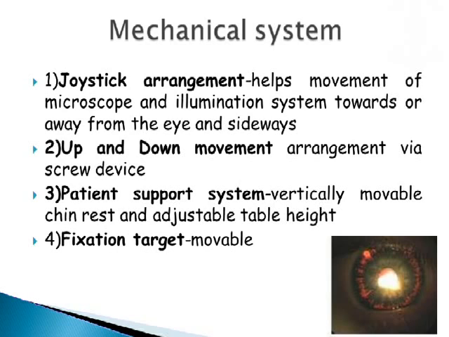Then there is a patient support system with a vertically movable chin rest and an adjustable table height. These are both to adjust the patient level as well as for the examiner to be as ergonomic as possible during slit lamp examination. And finally there is a fixation target, which can be moved in X, Y and Z axis for the patient to fix on.